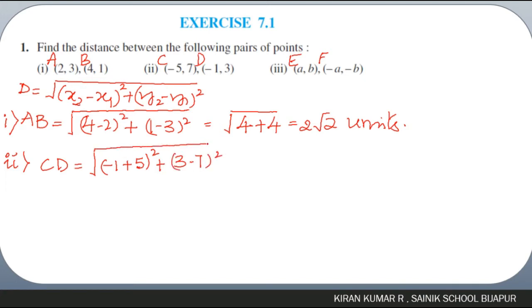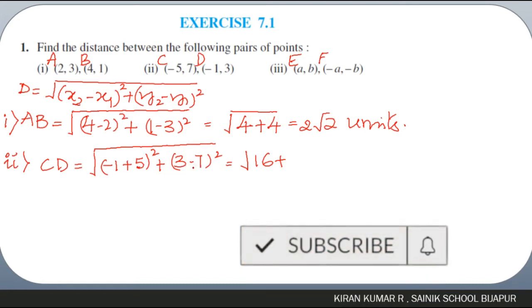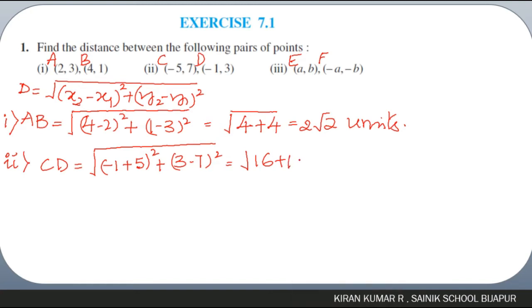Negative 1 added to positive 5 will be 4. 4 squared is 16, plus 3 minus 7 will be negative 4. Negative 4 when squared will be 16. So we get root of 32. We know that 16 two times is 32. 16 is a square number, so we get 4 root 2 units.